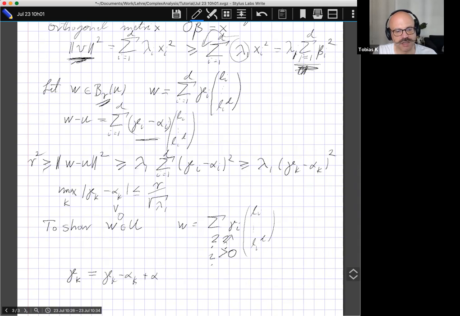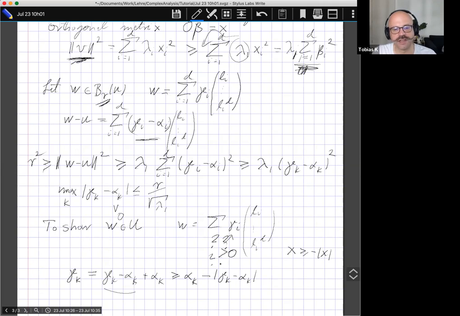The only thing which I control is the difference to alpha k, so I write it like that. And now I want to bound that below. Alpha k is non-negative, so there's nothing to be done. This difference, I don't know which sign it has, so I can bound it below by minus the modulus. This is a general kind of inequality: every number is always greater or equal to minus itself in the modulus.